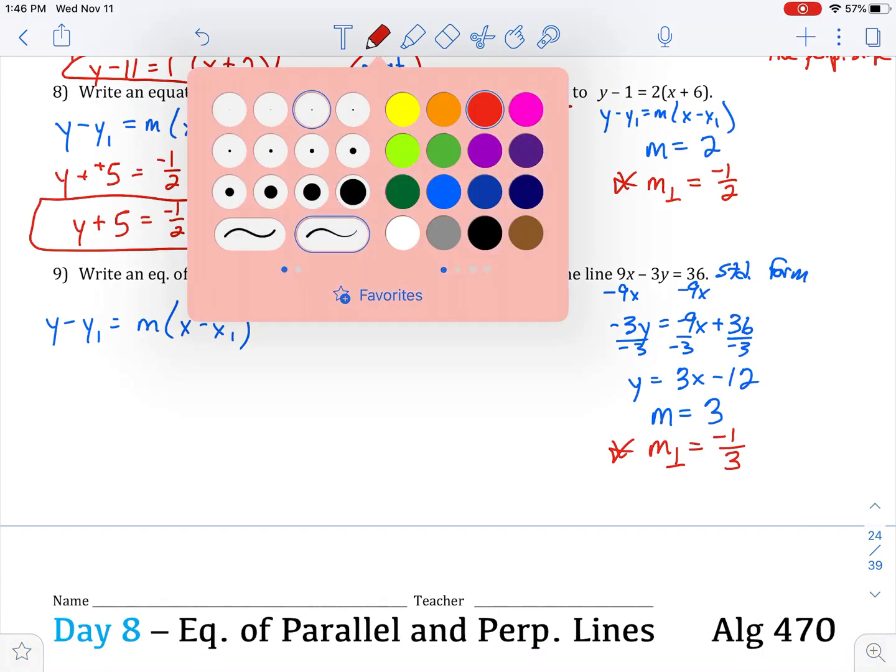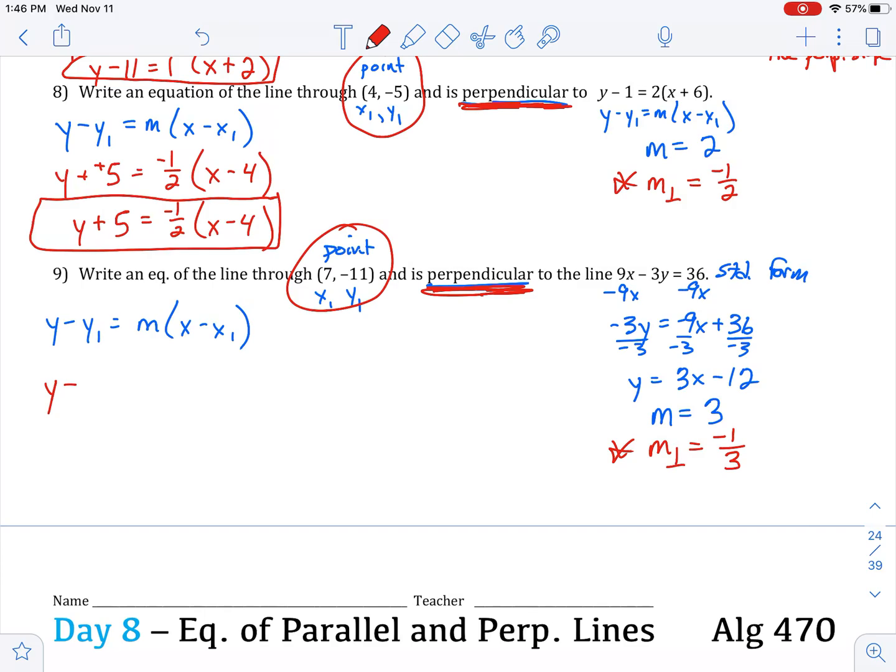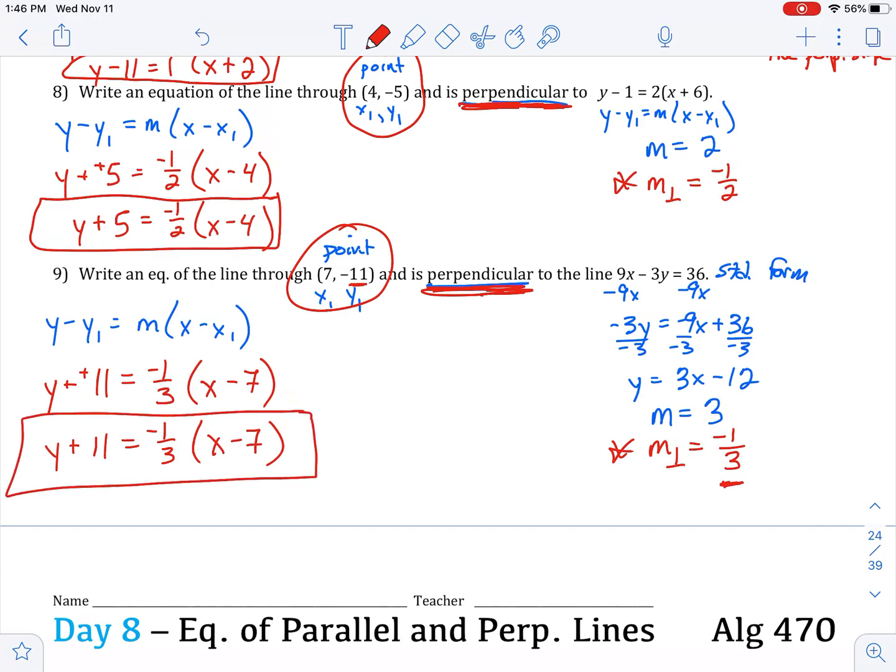As I write this out and substitute in, it's y minus the y-coordinate, which was -11, equals my slope, which is over here, -1/3, multiplied by x minus 7 in parentheses. Again, double negative there is y plus 11 equals -1/3 times parentheses x minus 7. And there is your equation of the line that is perpendicular and passes through 7 and -11.